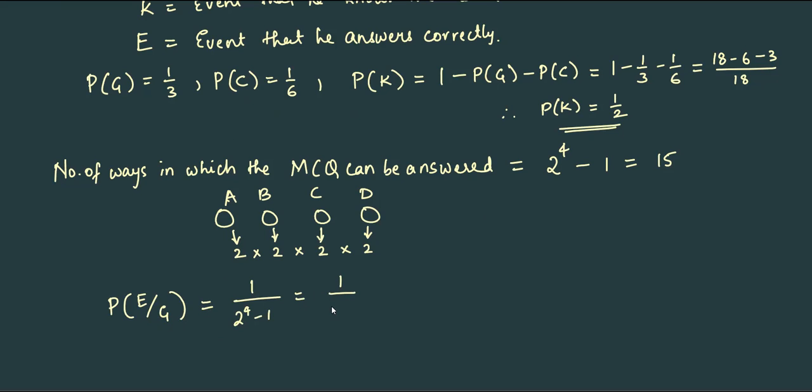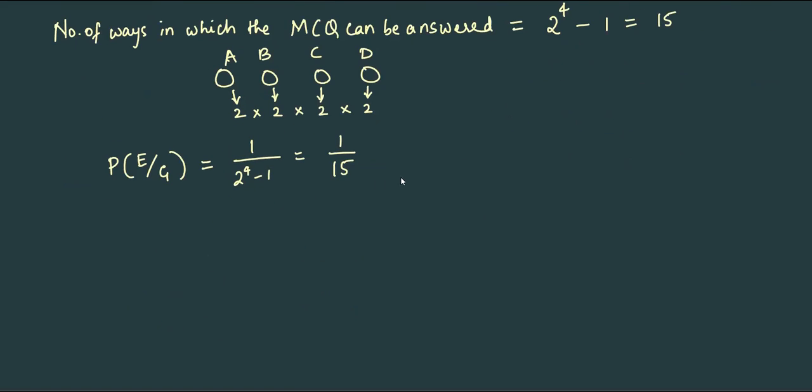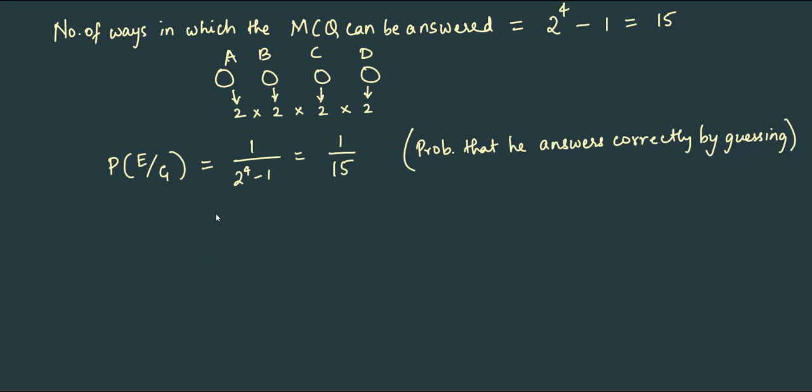So the probability that he answers correctly by guessing is, he has 15 options, any one of which he can choose.